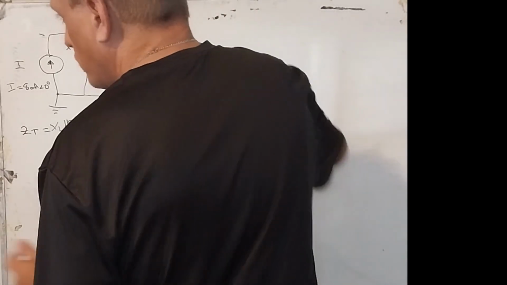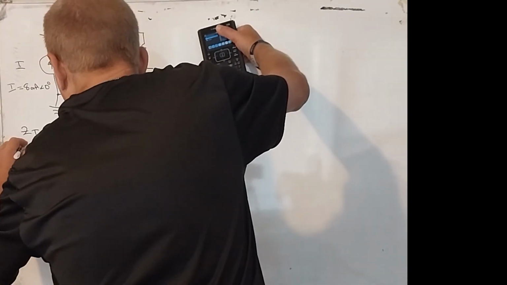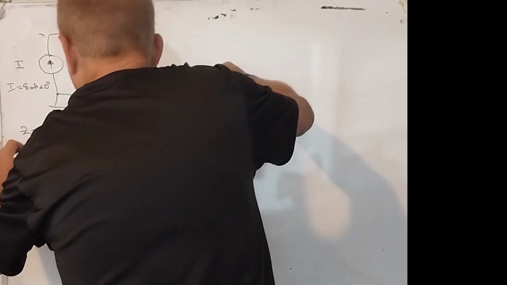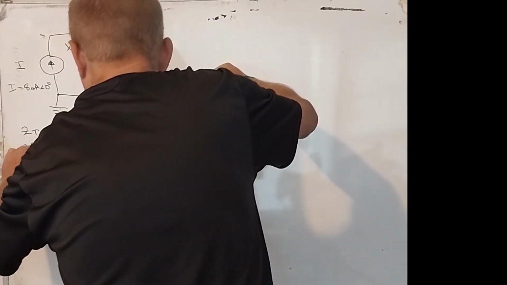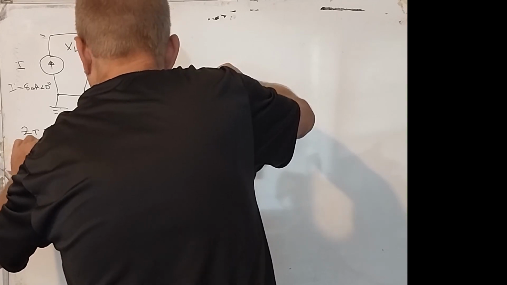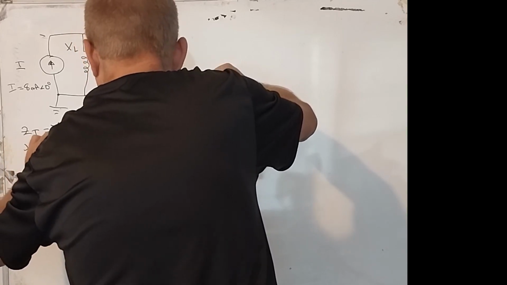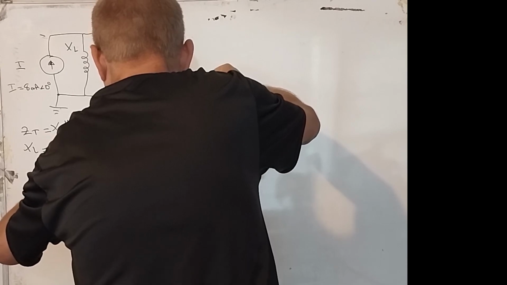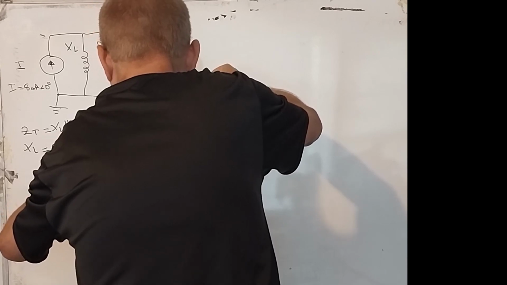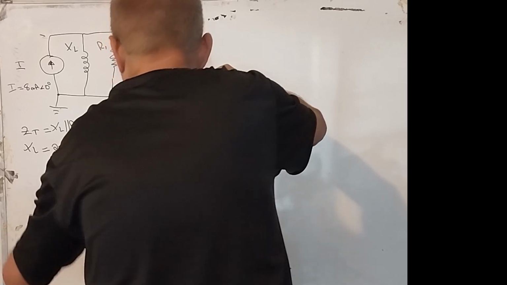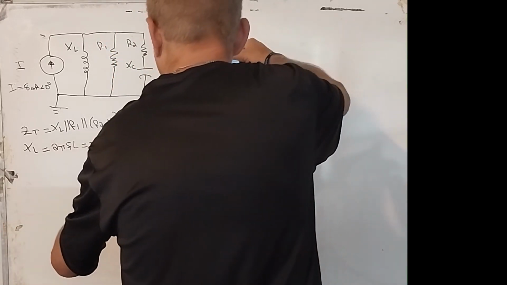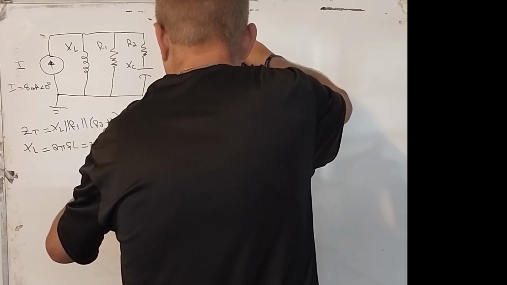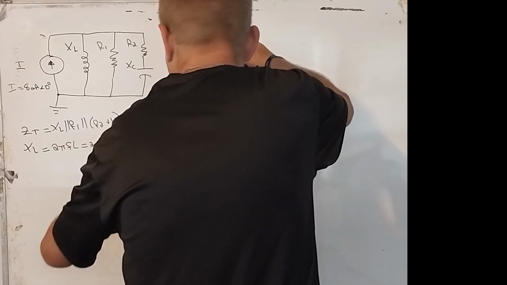So I'll write it here. We have X of L equal to 2 pi FL, which is equal to 2 times 3.14 times 10k hertz times 47 millihenries.